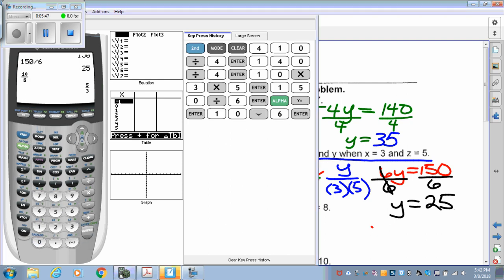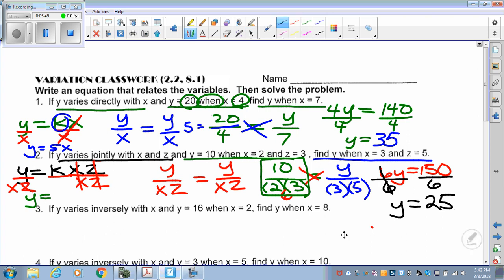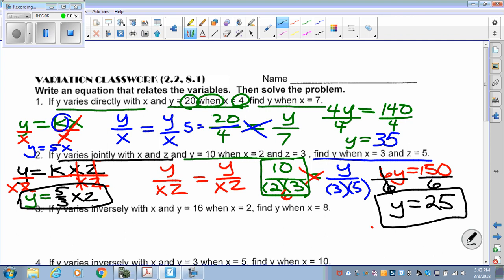It does reduce. It reduces to 5/3. All right, so y equals my constant, which is 5/3 times x times z. All right, and that would be my joint variation if I wanted to write the model of it. And then this is if I wanted to solve for y.